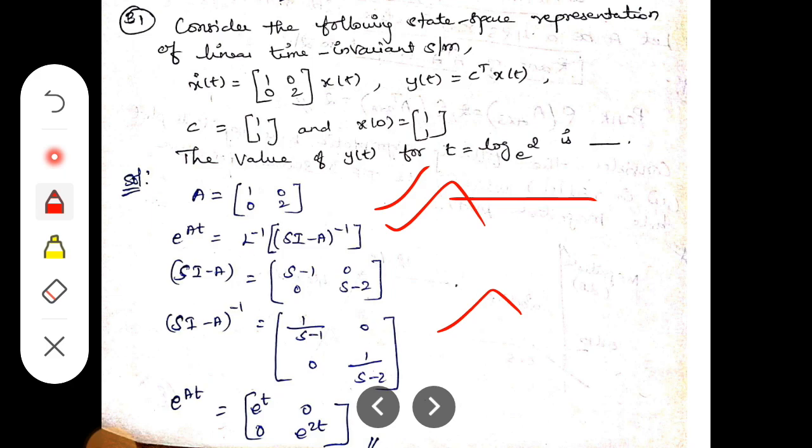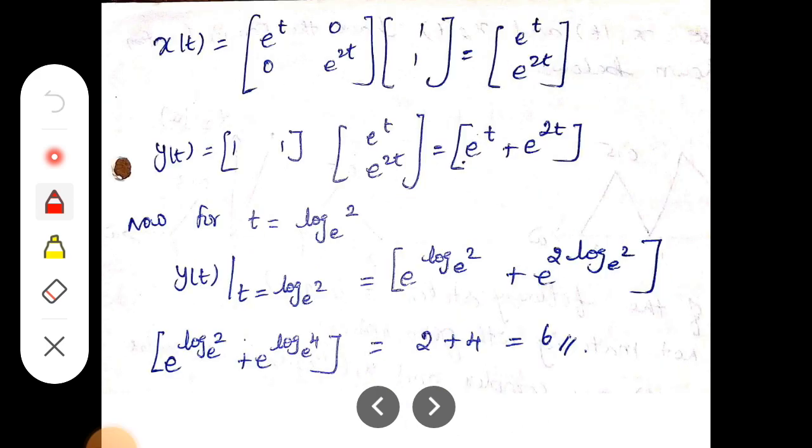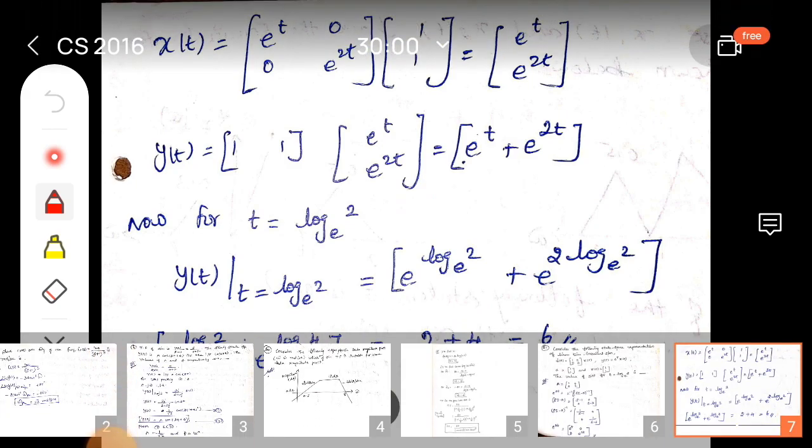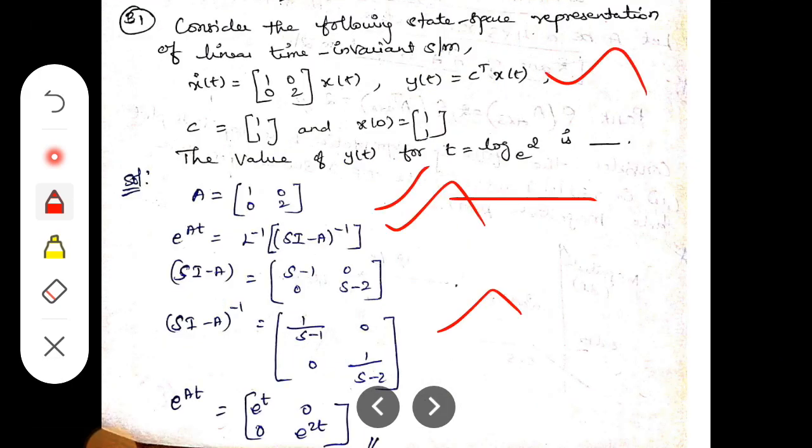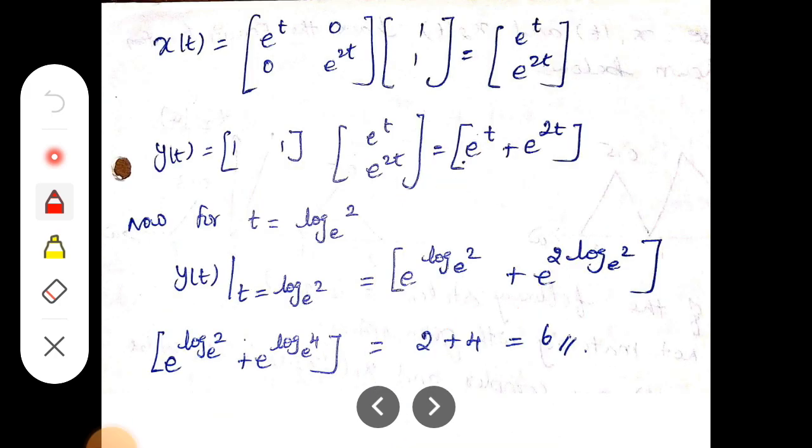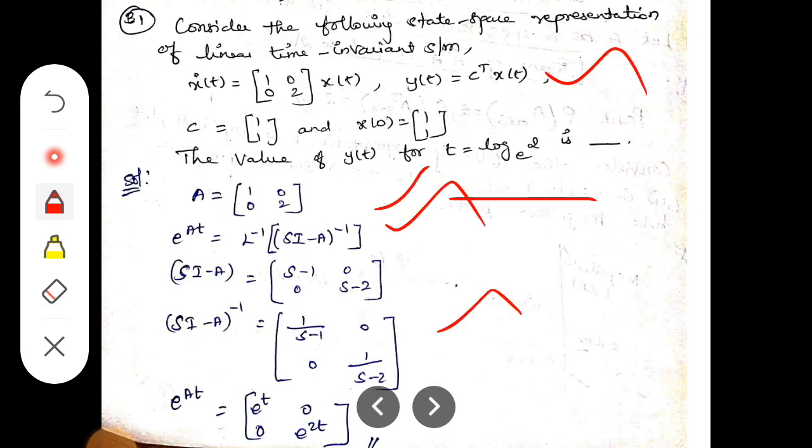So y of t is provided by the function c transpose x of t. So we find the function of x of t. Then x of t is equal to e of t into x naught, where x naught is equal to 1 1.